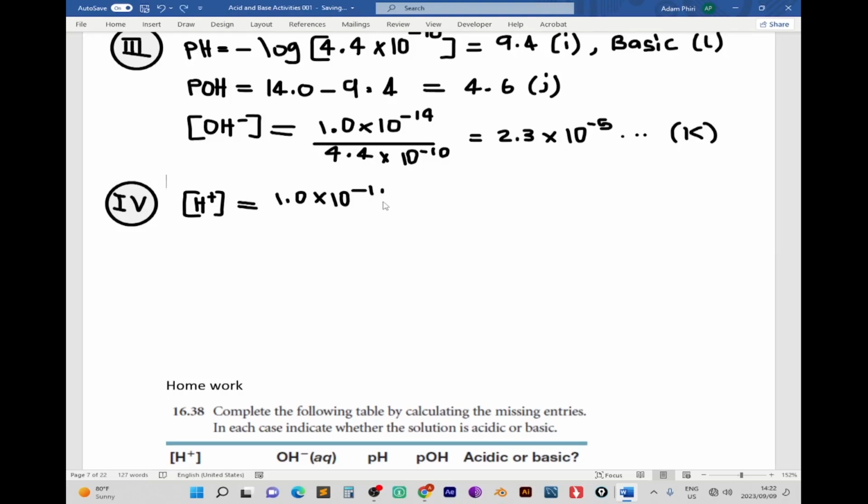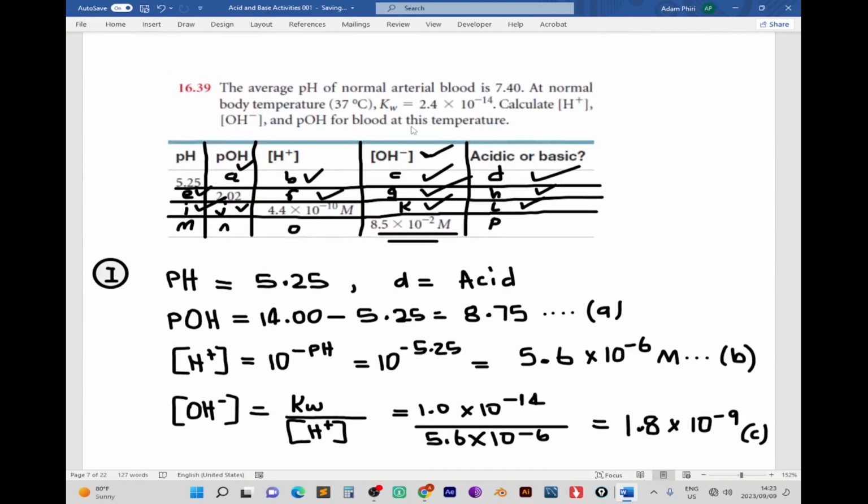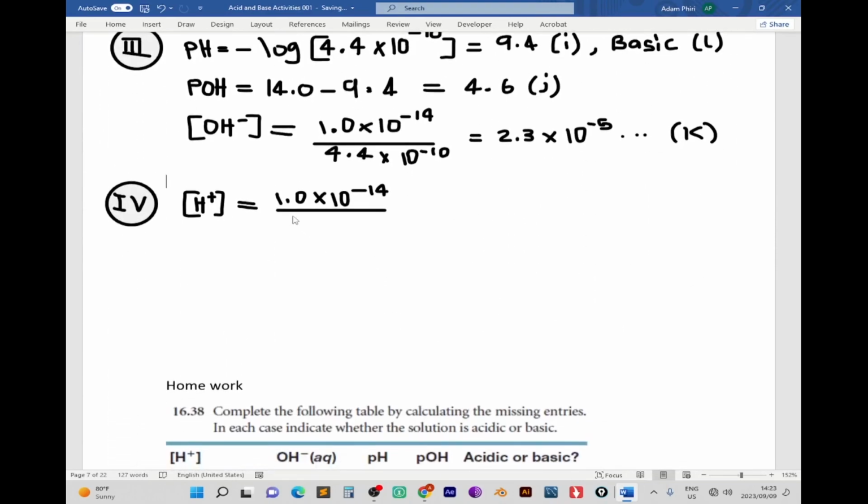So 1.0 times 10 to the power negative 14 divided by our value, 8.5 multiplied by 10 to the power negative 2. So that will give us the value of 1.18 multiplied by 10 to the power negative 13.